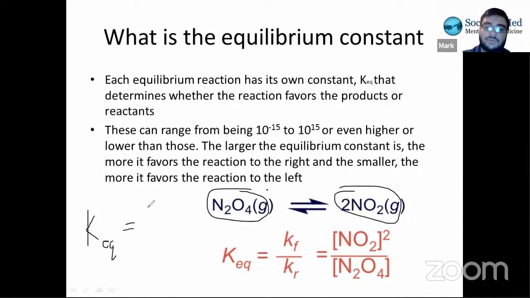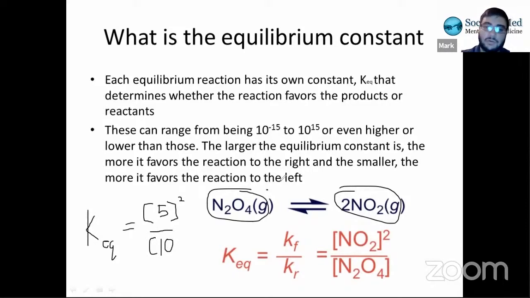Well, what happened is, say you had a number. I'm just going to use numbers because it might be easier to explain. Say the concentration of NO2 is 5. The concentration of N2O4 at equilibrium is, say, I don't know, 10.